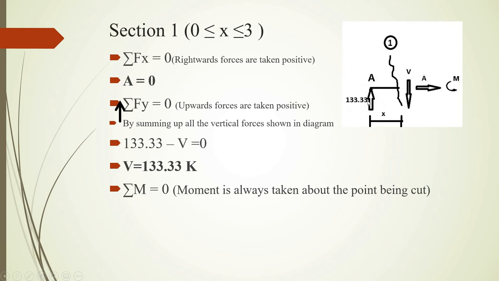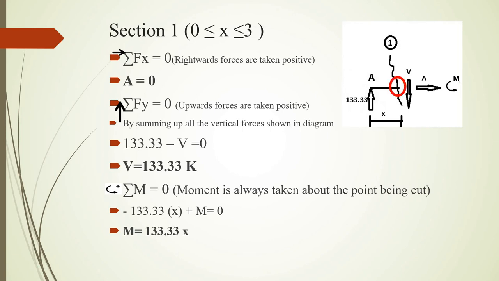But this 133.33, since that has some significant distance, that is x, would be creating moment, and this couple moment itself would be a part of the equation. So here it goes, and again I'm taking counterclockwise as positive. So it's 133.33 times x, which is the distance from this point, plus the moment, since that's going counterclockwise, equals 0. If you simplify this, the first moment equation would be M equals 133.33x.